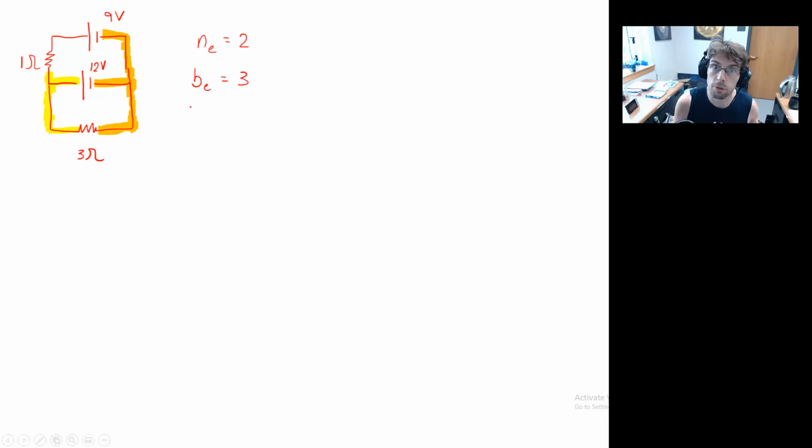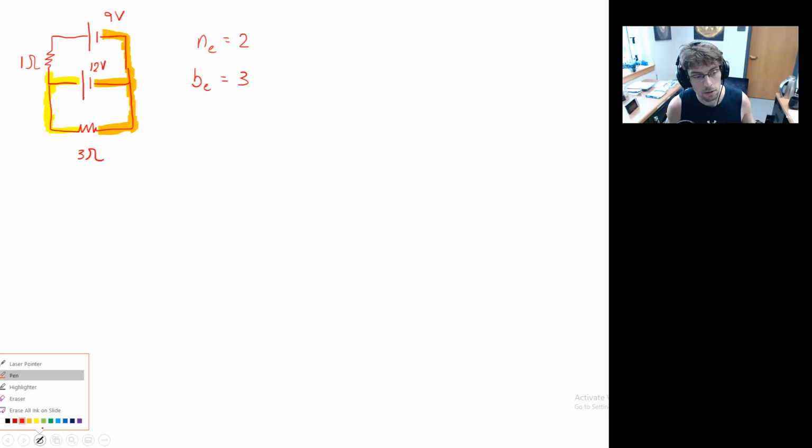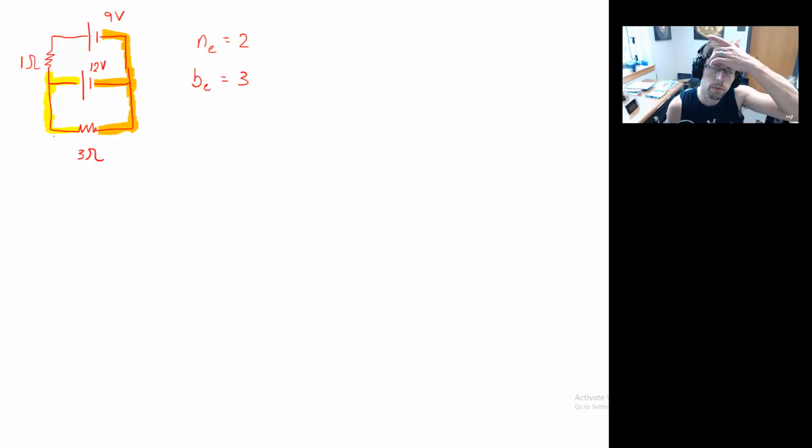So we have 3 unknown currents. Let's go ahead and draw those in. And now at this point, we have to guess. We can arbitrarily guess which direction the currents are. So here is I1.